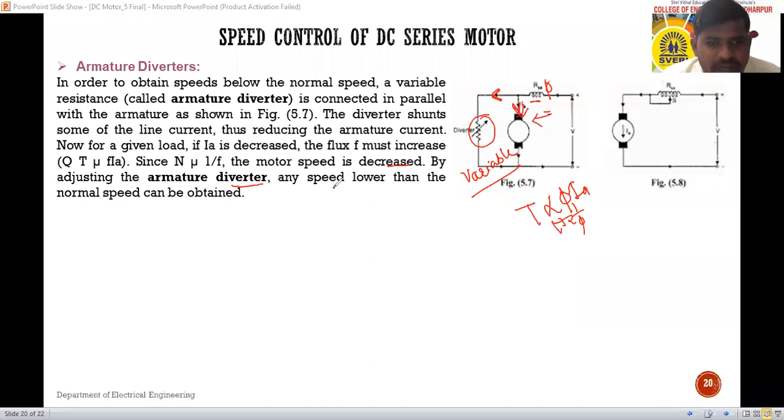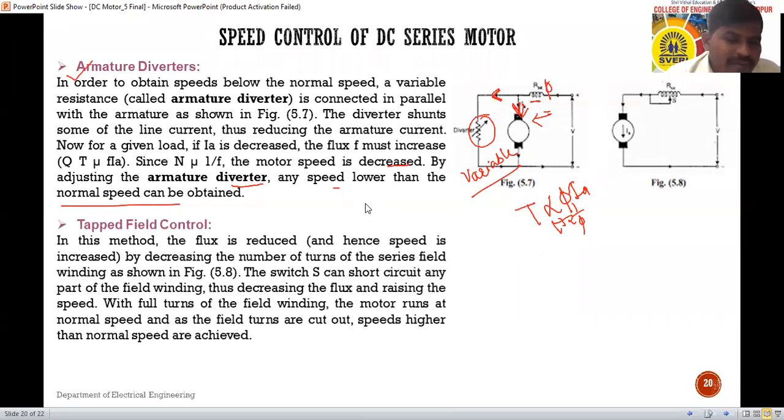Any speed lower than the normal speed can be obtained by using this armature diverter technique.